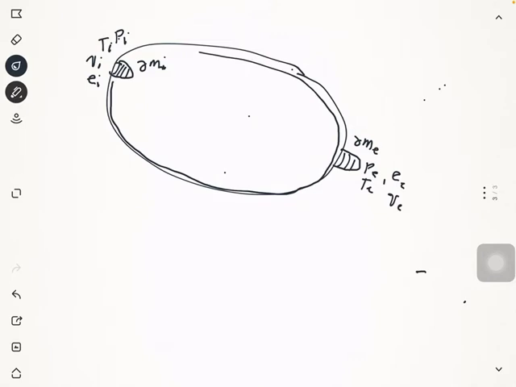Okay, wherein we have the inexact differential of heat here, and also we have this work of our control volume, and also acted upon by the pressure.